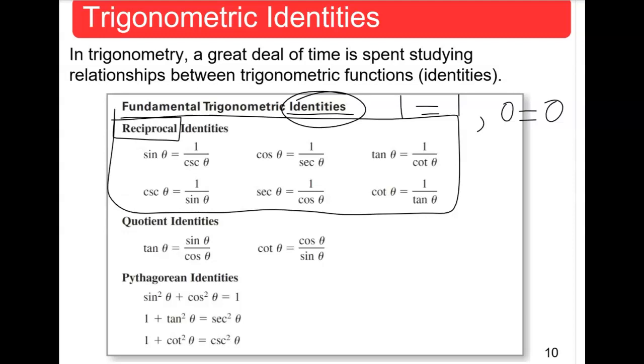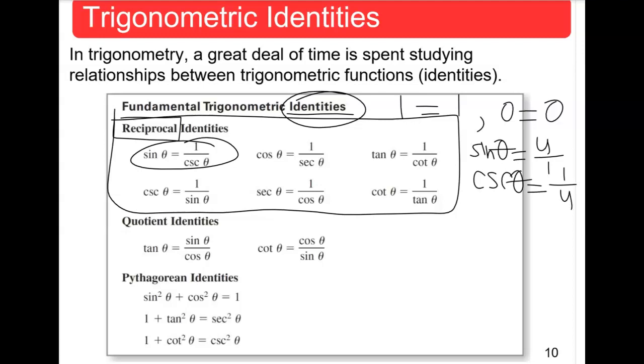Based on the previous section, in terms of the unit circle and coordinates, we were defining sine of theta as y. We could also say y over 1. And cosecant, which is the reciprocal of it, will be 1 over y.